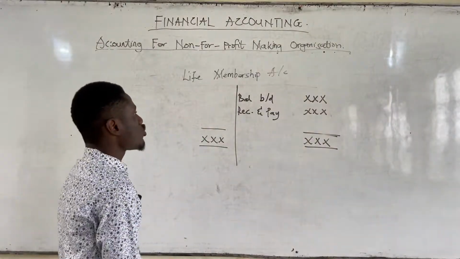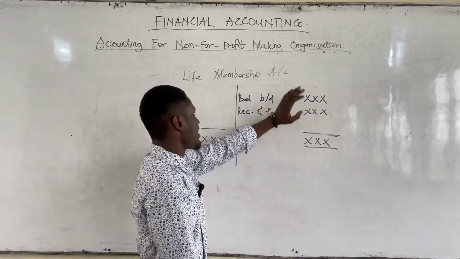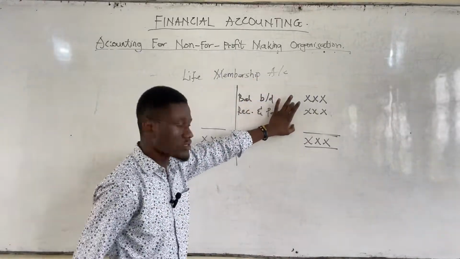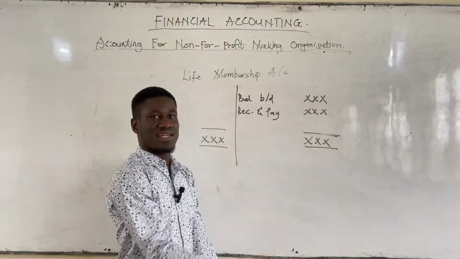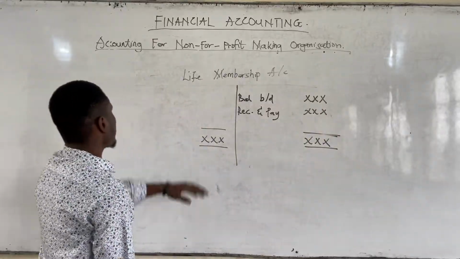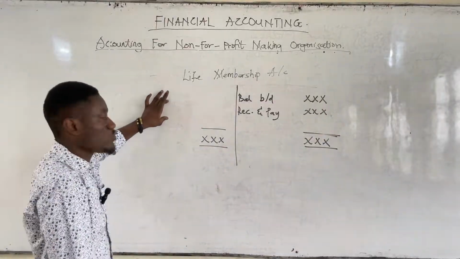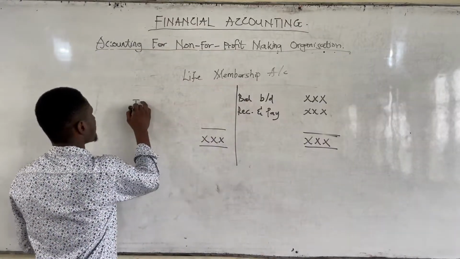Do you get it? So whatever life membership amount that we get will be recorded here, whether it's for that year in question or the next year or the next 2 years. The full amount will be recorded here, and the amount pertaining to that year in question will be recorded here as income and expenditure.